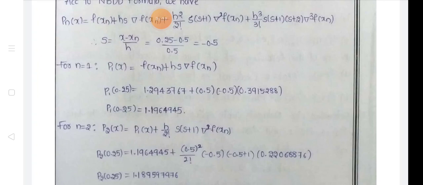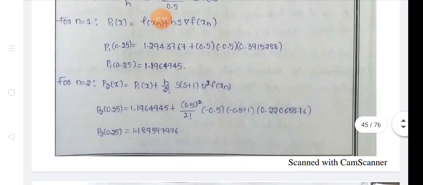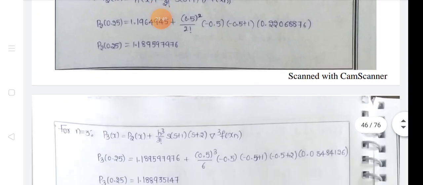After simplifying, we get the value p2 of 0.25 is equal to 1.189597976.